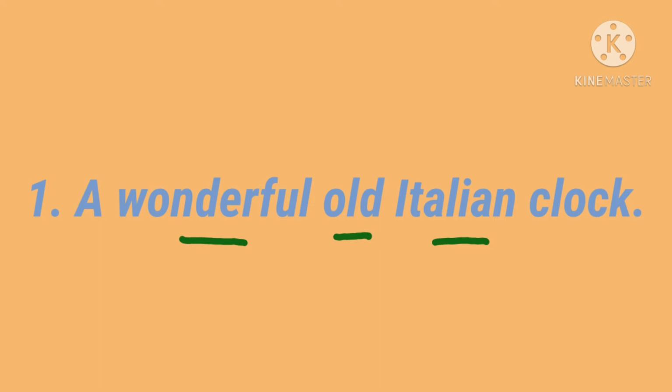Wonderful describes the opinion of the clock. Old describes the age of the clock. Italian describes the origin of the clock. So according to the order, first we write the opinion, second age and then origin. So the sentence given here is in the correct order. A wonderful old Italian clock.